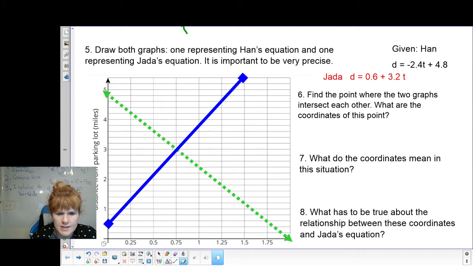Okay, they're asking you to look at the intersection. What are the coordinates of this intersection? Remember, when you give the coordinates, you want to give x before y. Oops, my highlighter's not working correctly. That was supposed to be a parentheses.